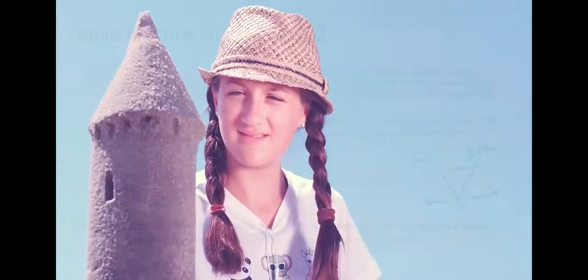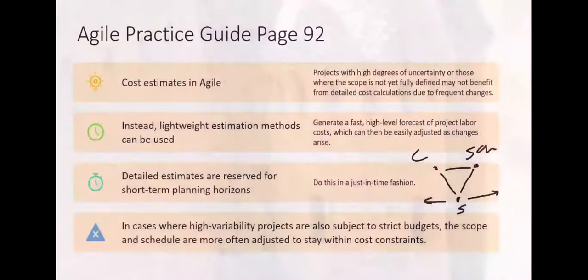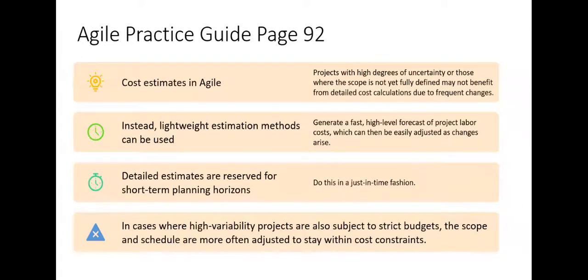So in cases where high variability projects are also subject to strict budgets, in some companies they are, the scope and schedule are more often adjusted to stay within cost constraints. So again, we know what the cost and the schedule are. In the iron triangle, in the world of Agile, we flip it on its head and we know that cost and schedule are fixed.